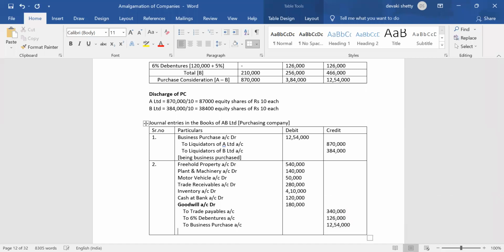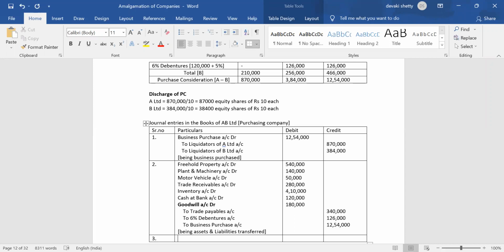So now let us write here, being assets and liabilities transferred. So now next is discharge of PC.